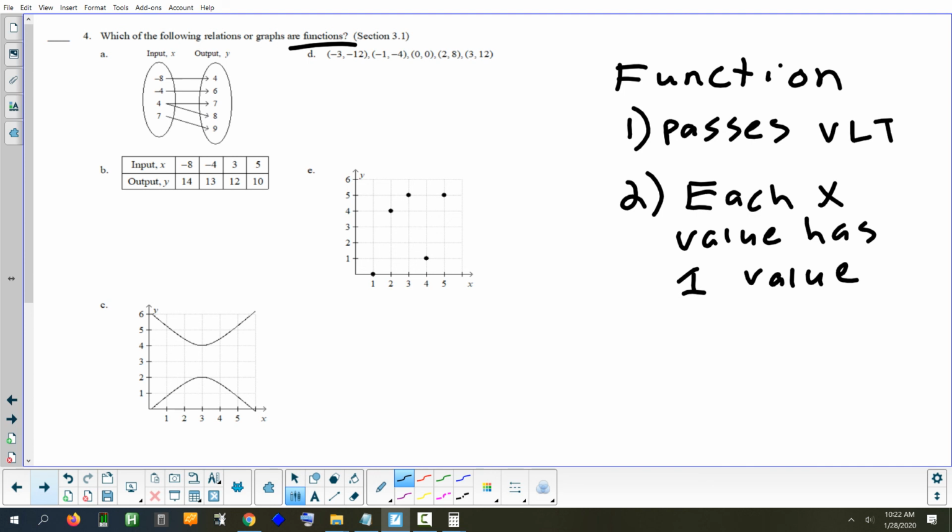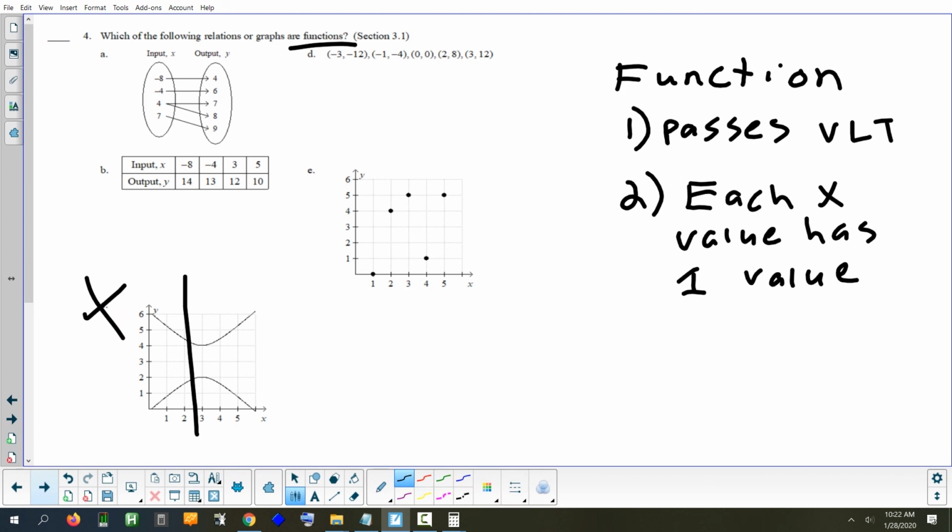All right. C and E are the only ones that you have pictures for. So in order to pass the vertical line test, that means you take a vertical line and it only hits your graph once. In graph C, does it only hit once? No. So that is not a function. Right? The question is, which ones are functions?